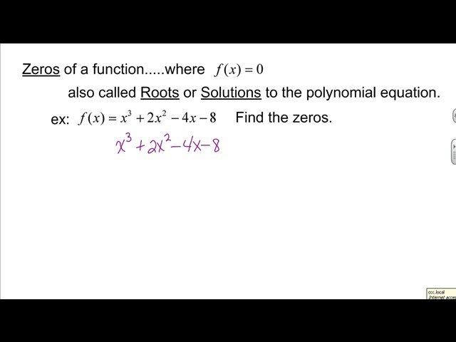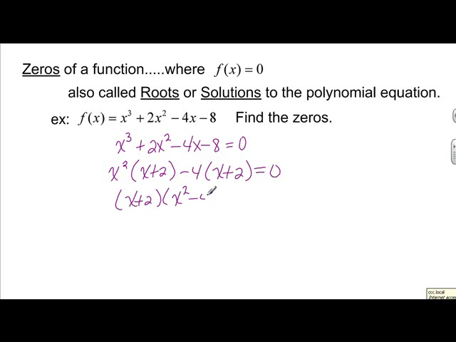Okay, so we set the function equal to 0, or we set the polynomial equal to 0, make an equation. And then we're going to solve that equation. This one we can do by factoring. If we factor out an x squared out of the first two terms, leaving x plus 2, factor out a negative 4 out of the next two terms, leaving x plus 2, then, of course, your common factor is x plus 2. The other factor is x squared minus 4.